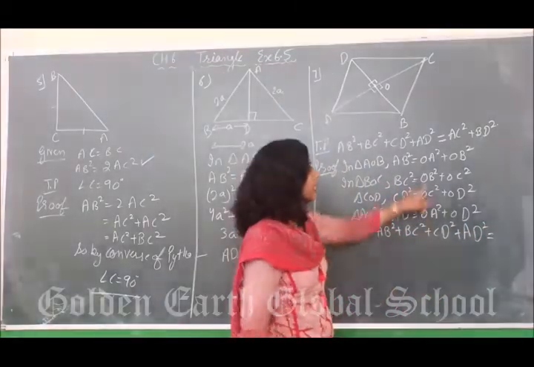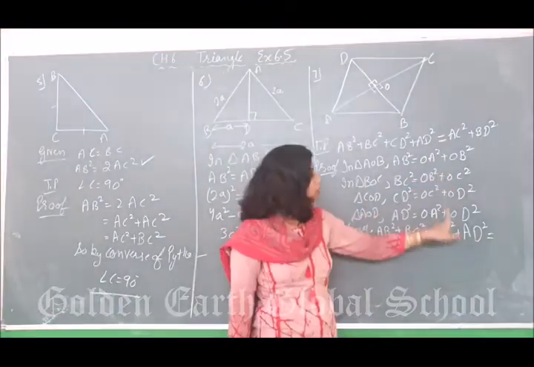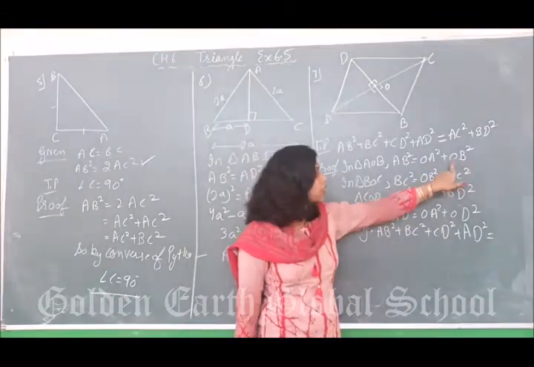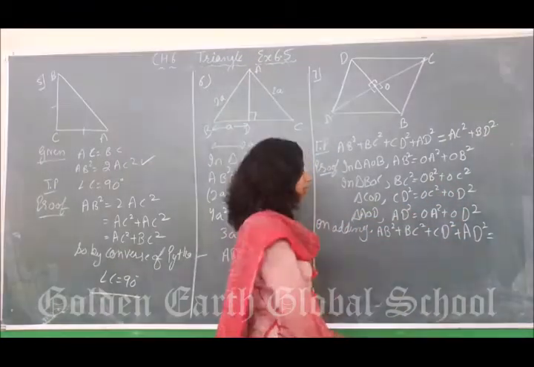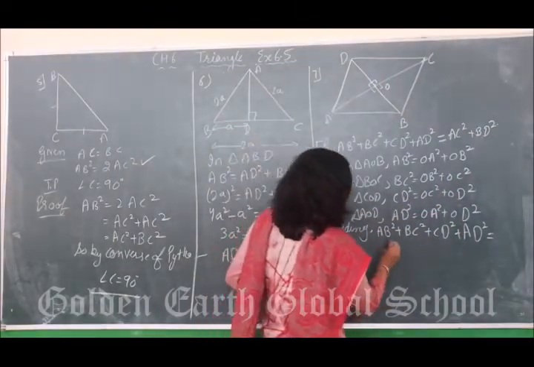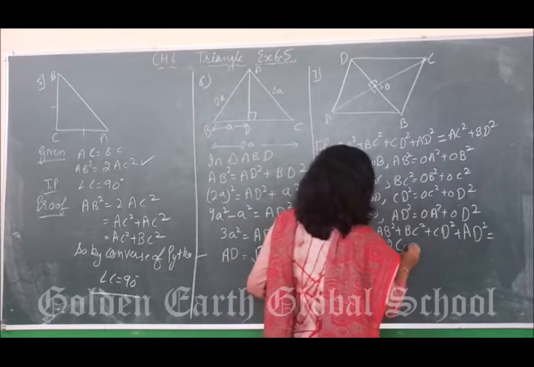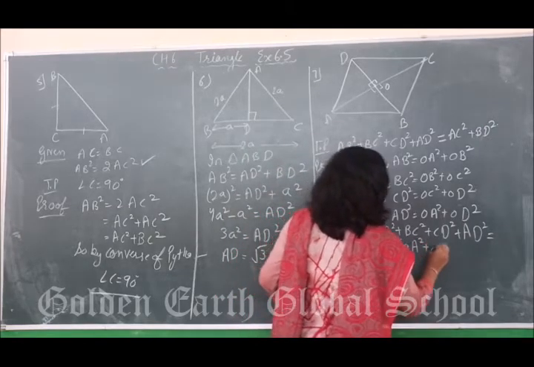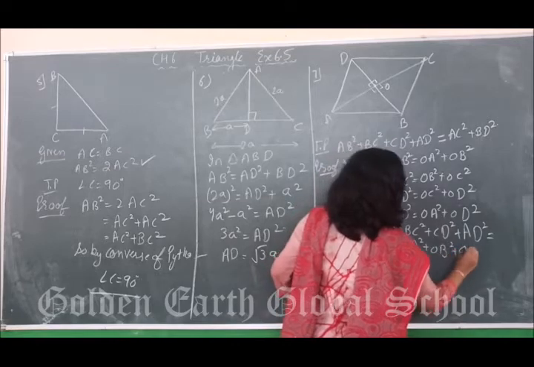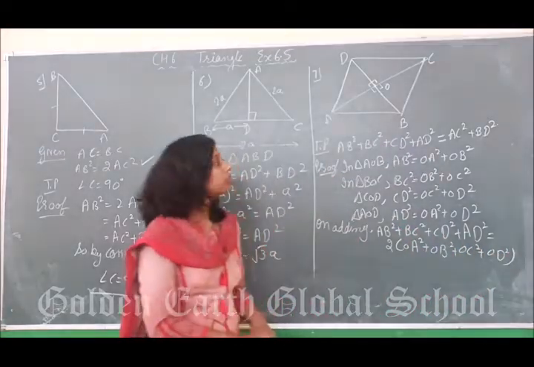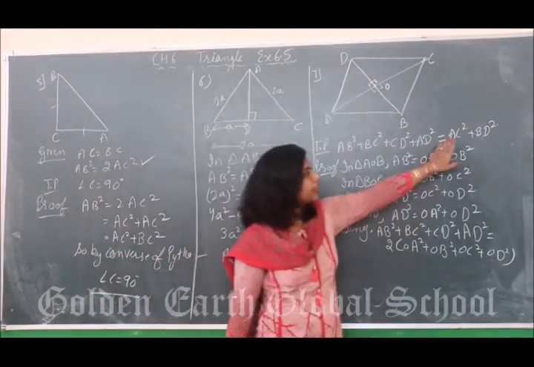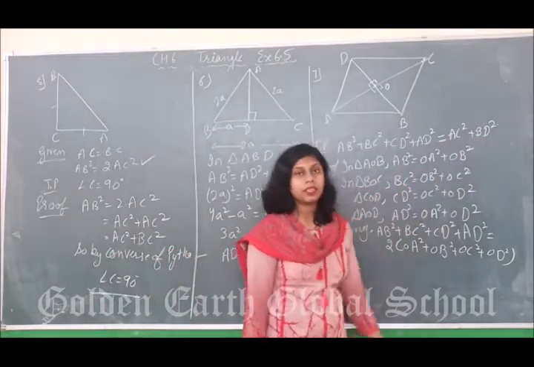In the right hand side, see OA square is 2 times, OB square again 2 times, OC square 2 times, then OD square 2 times. Then we can take out 2 and in bracket we will write OA square plus OB square plus OC square plus OD square. But right hand side we need AC square plus BD square.